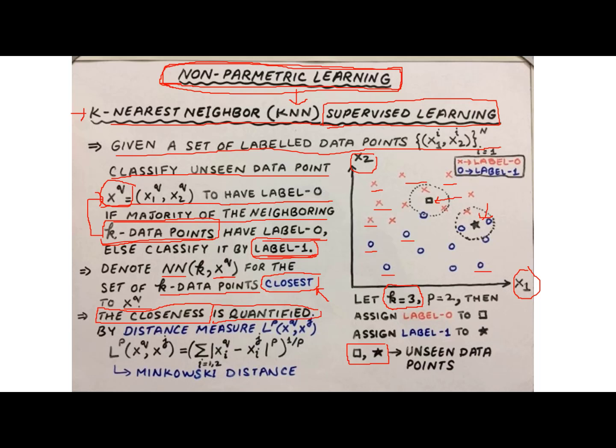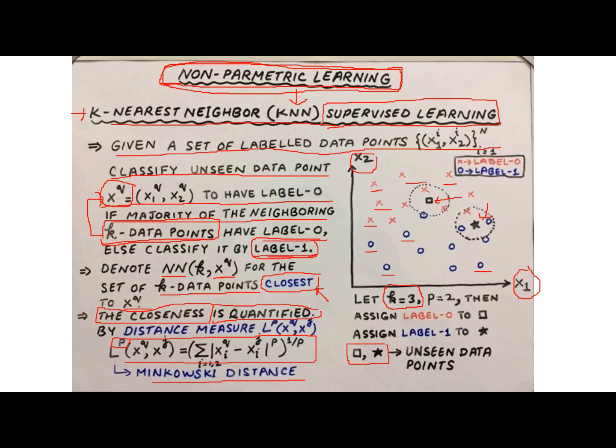The Minkowski distance is commonly used. The expression is given here, and it has a parameter p, which is related to the norm of the vector.